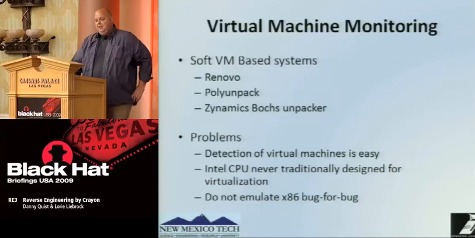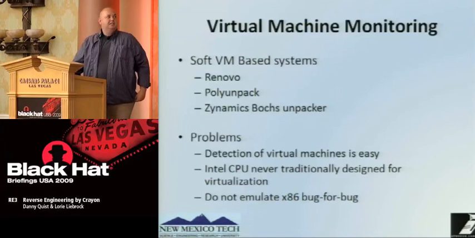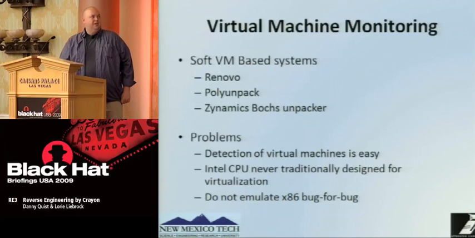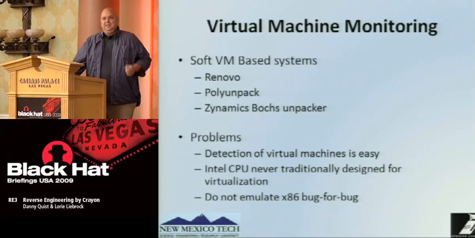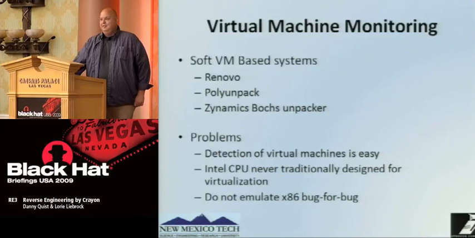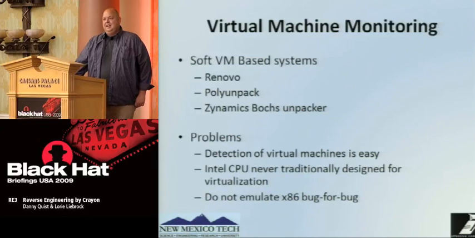And so to do that, there's a couple of virtual machine monitoring systems. Some of them are software-based, so Renovo and PolyUnpack, and I believe the Zynamics BinUnpack, and if I have that wrong, they can throw something at me. These are all the software-based systems. But there's a couple of problems with this. Looking at Peter Ferrie's paper that he published, detecting these sort of things is almost trivially easy.